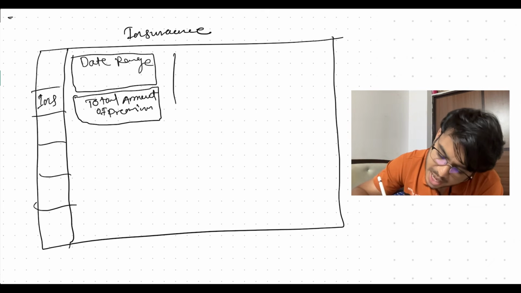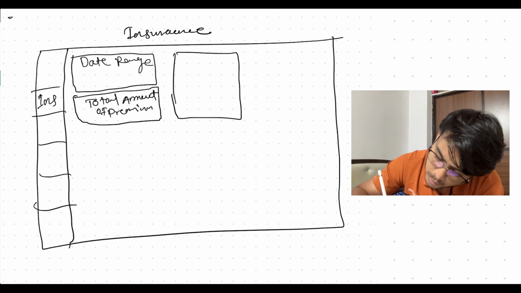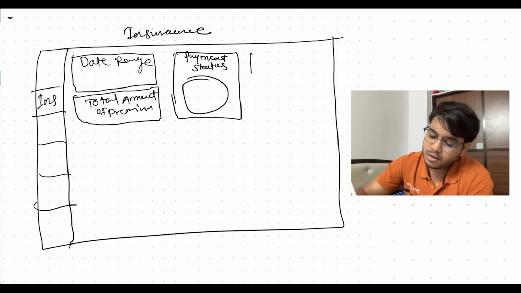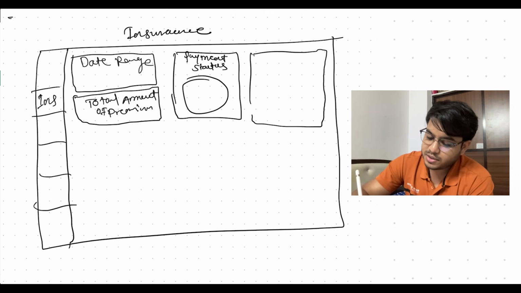Then here we'll add a payment status thing. Then we'll add failed payment status reasons.